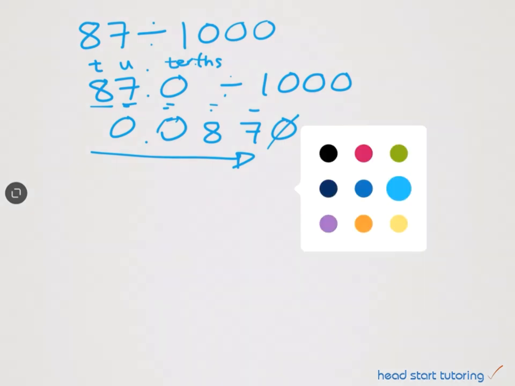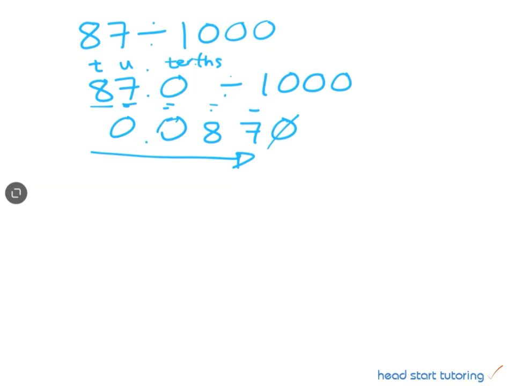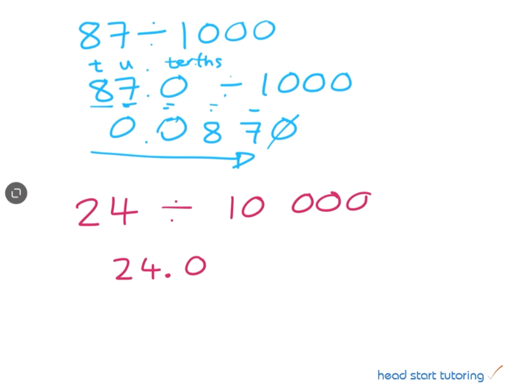Let's have a look at another example. 24 divided by 10,000. 24 divided by 10,000, we can write as 24.0. And because our 10,000 has 1, 2, 3, 4 zeros, our 2 and our 4 are going to move 4 places to the right.